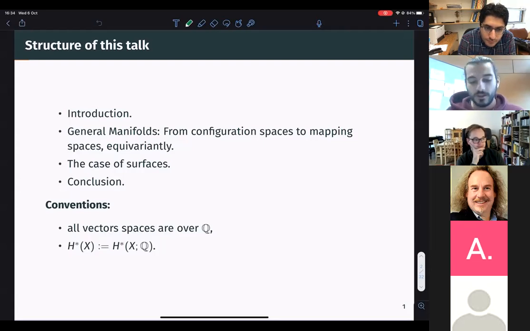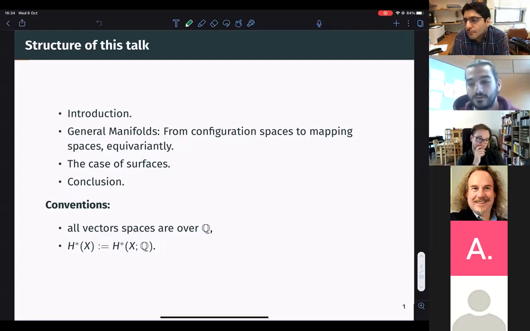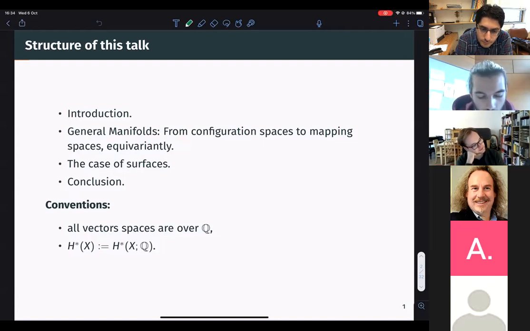Everything that I'm going to speak about is from work that I've written up in my first paper that is on the arXiv now.